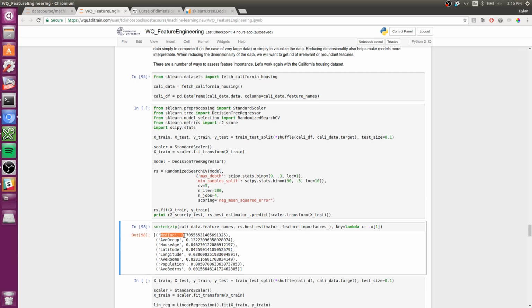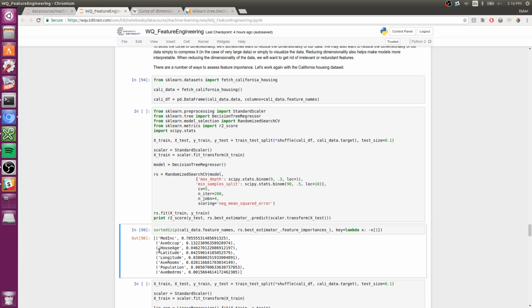So median income had a feature importance score of 0.7, whereas house age, the random one that I said wouldn't help us at all, had a score of 0.046. And surprisingly, at least I am surprised, some of these other features had even lower importances in our trained model.